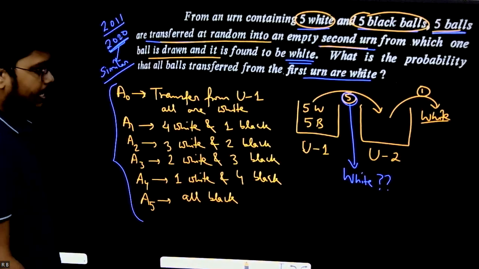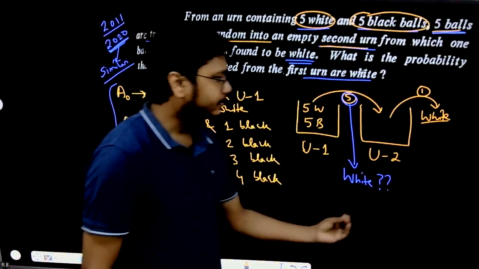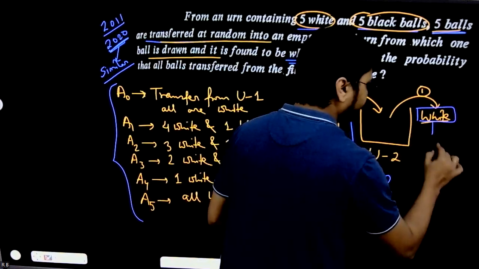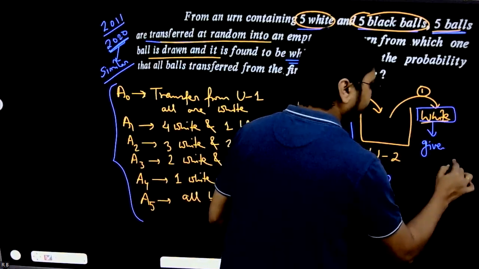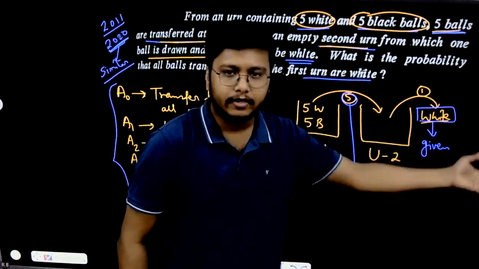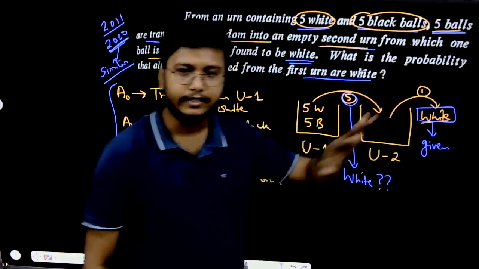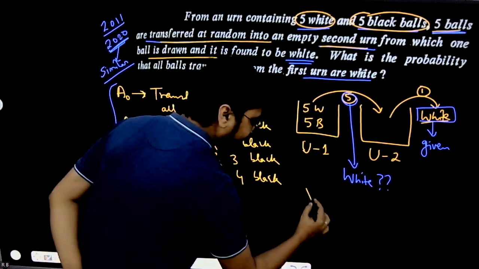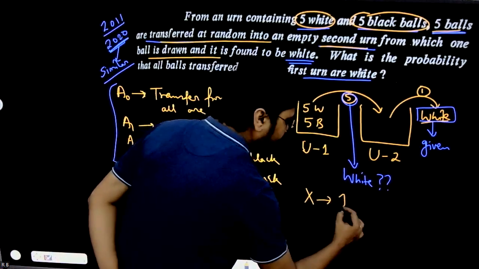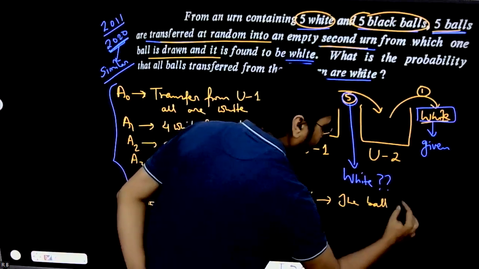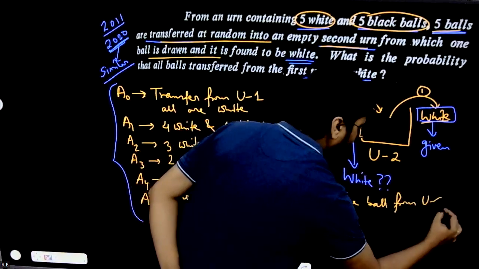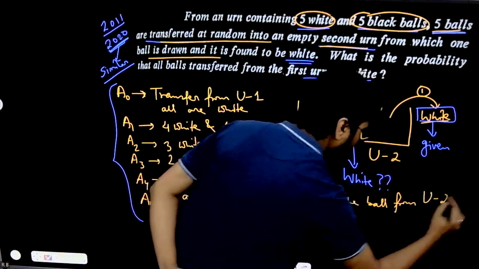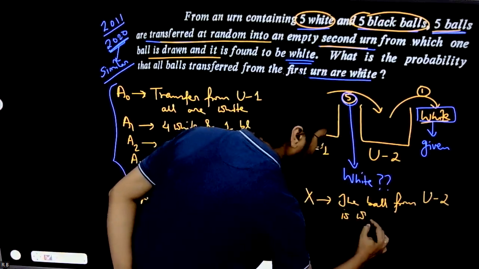Now what we got to find out is, this is given to us: the final ball that we are picking from the second urn is white. So I'm saying that X is the event that the ball from urn 2 is white.